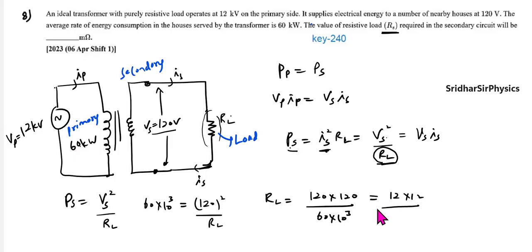That is 12 into 12 into 6 into 10 to the power of minus 2. 6 ones are 6, 6 twos are 12. Then this will become 24 into 10 to the power of minus 2 ohm, or 240 milli ohm.